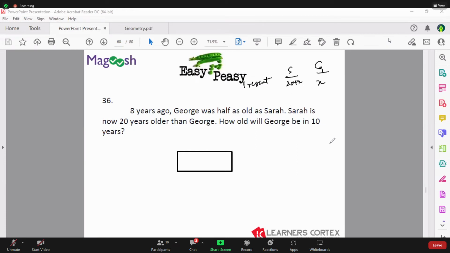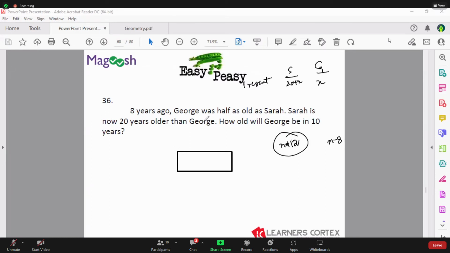Now, 8 years ago, George would have been X minus 8, and Sarah would have been X plus 12. You can subtract 8 from X plus 20, and it will give you X plus 12.